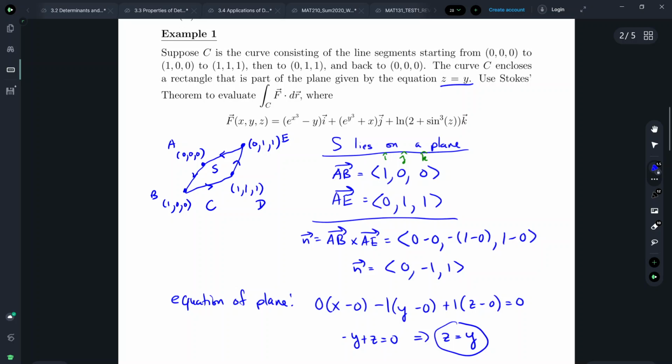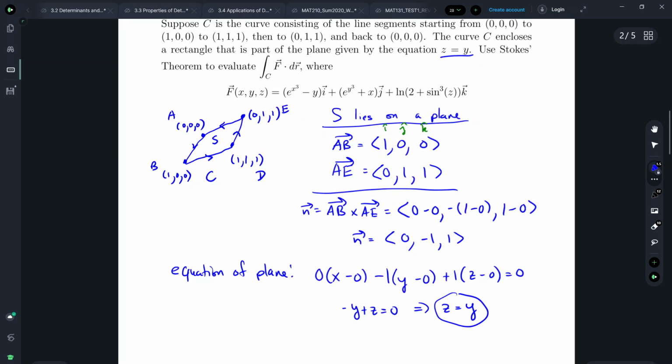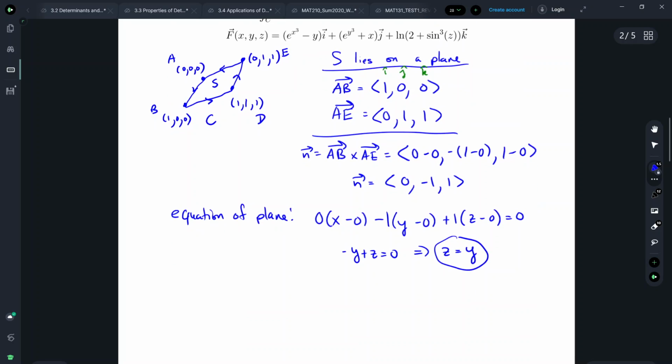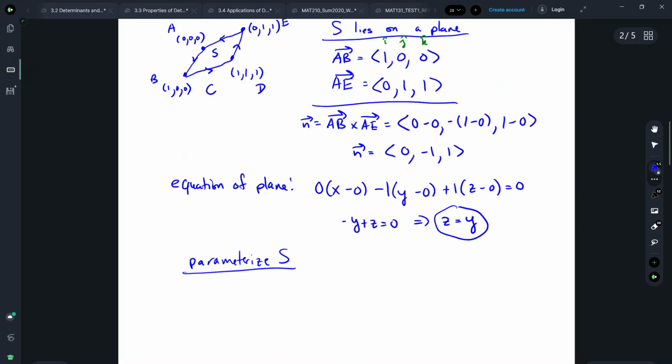Okay, so now we need to parameterize S to be able to calculate the surface integral. So I'm just going to use x and y directly as the parameters.